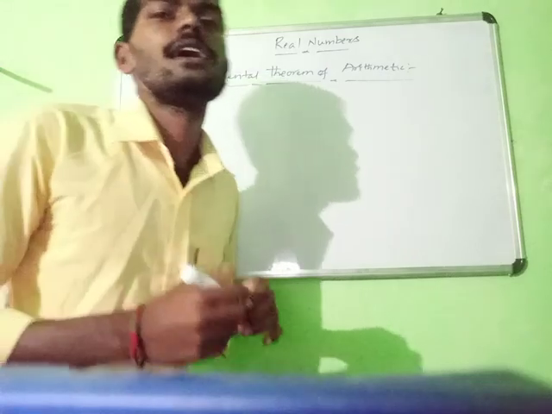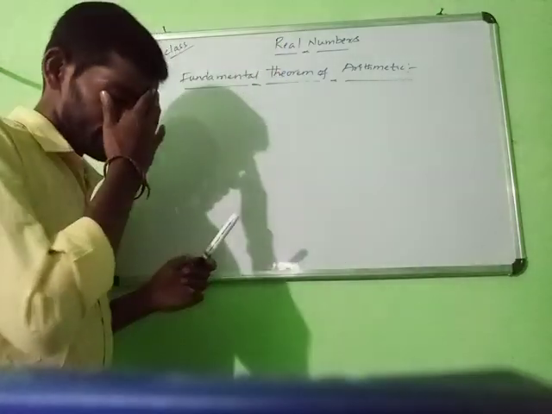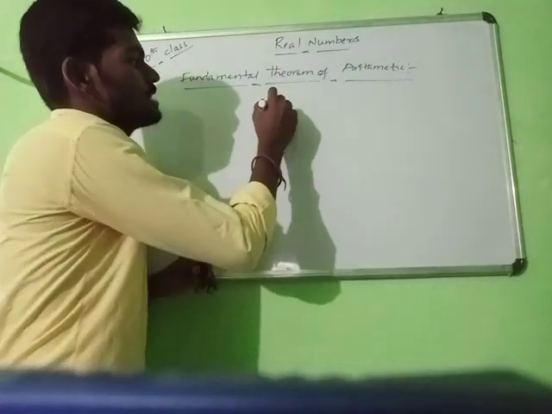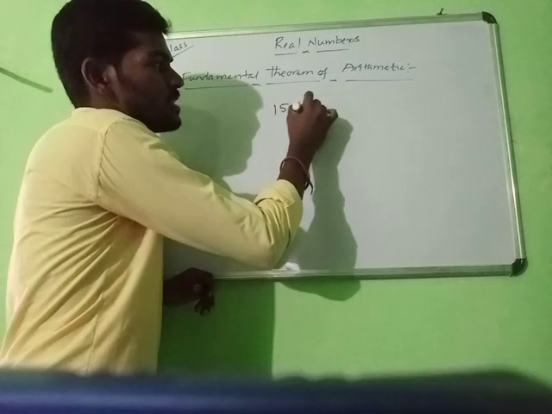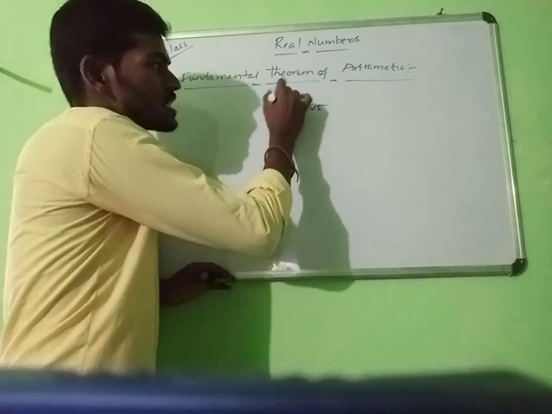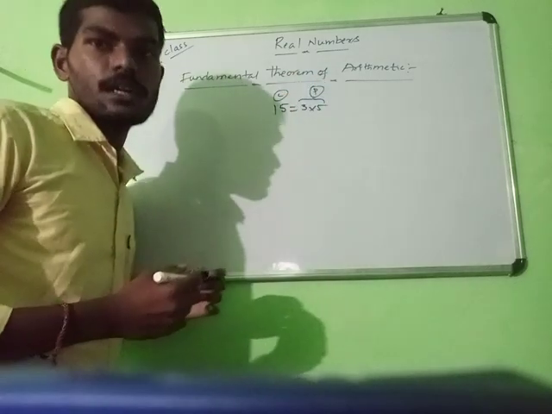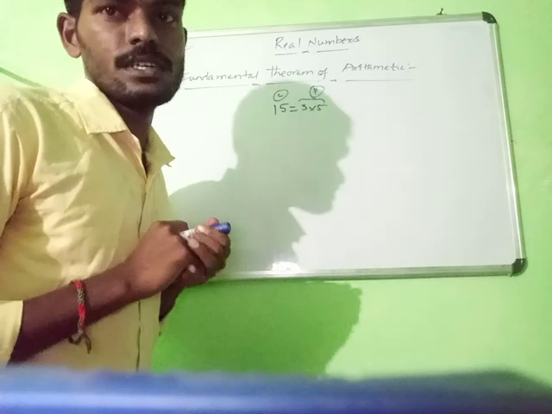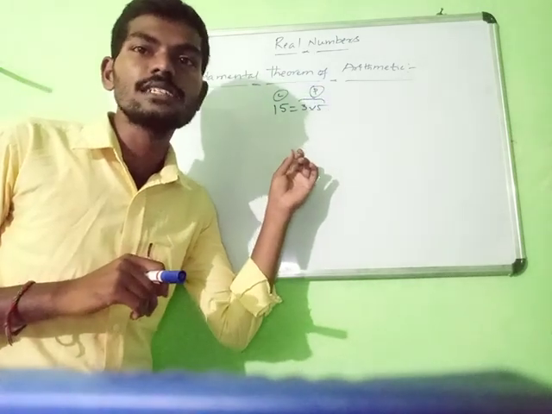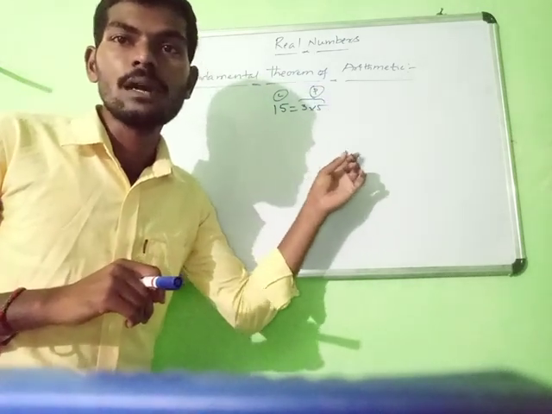Now, for example, take any one composite number. For example, 15 is a composite number. What will come? 3 into 5. Now both are prime numbers. So every composite number can be written as a product of its prime numbers.